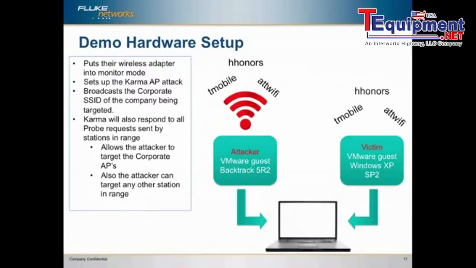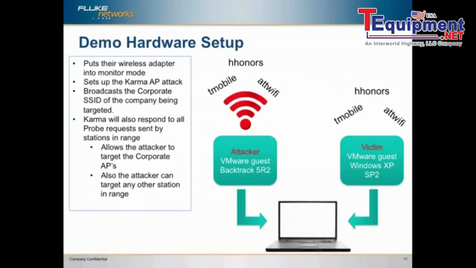Again, the attacker is going to put their wireless adapter into monitor mode. He's going to set up the Karma AP attack. He's going to broadcast the corporate SSID, the company being targeted, and the Karma will also respond to all probe requests. So he's doing kind of a twofold attack.